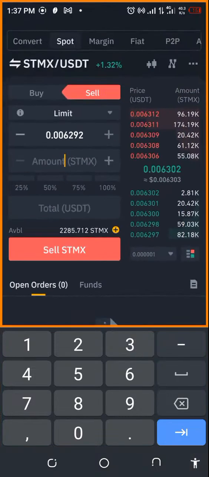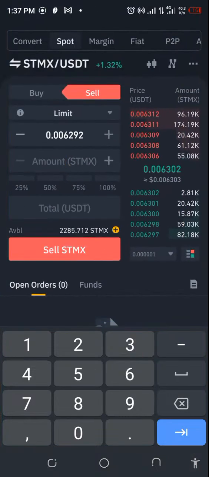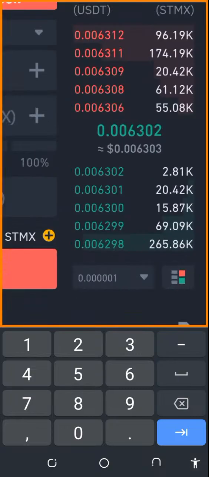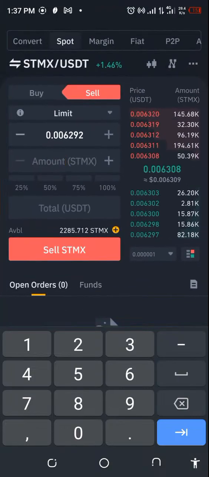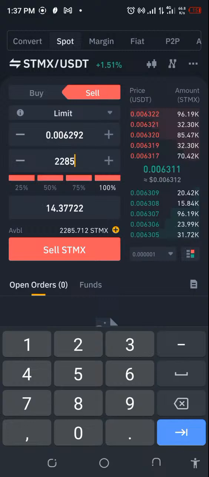I'm just checking. Let's go back to see what's going on there. Okay, I want to see what's happening. Okay, it said I should increase my balance. Let me check whether this will work. No, let me remove everything.